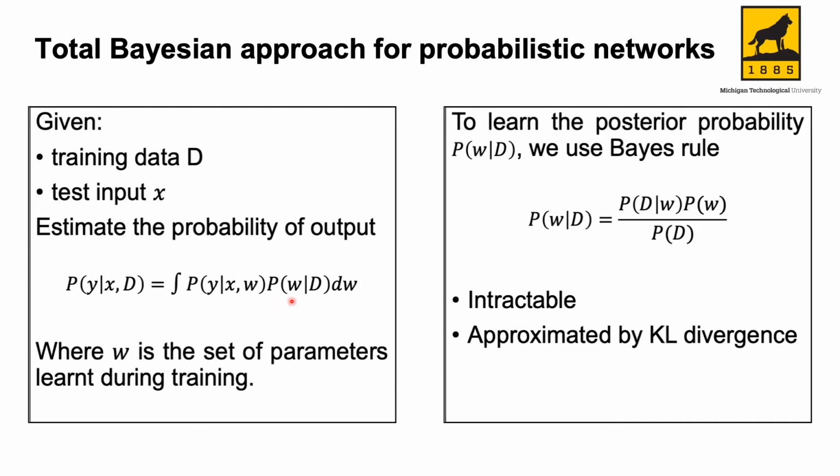That means you are considering all possible neural networks that you can have and marginalizing over the parameter space given by W to obtain the prediction Y for a given input X. That means once again, for a given input testing data, your output Y given the set of training data D is given by marginalizing over the parameter space. That's the total Bayesian approach.